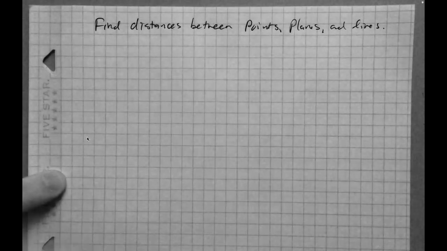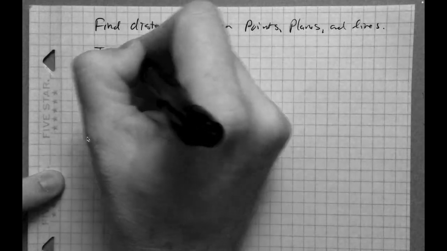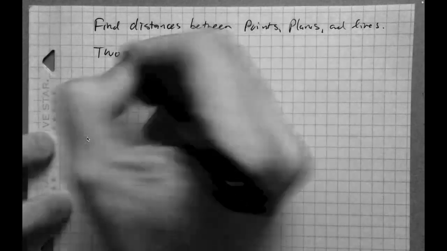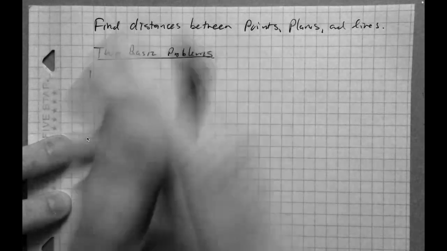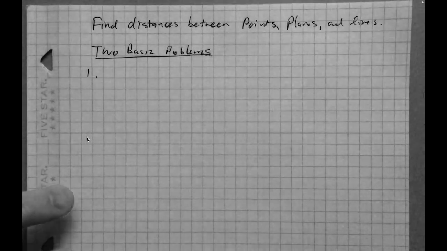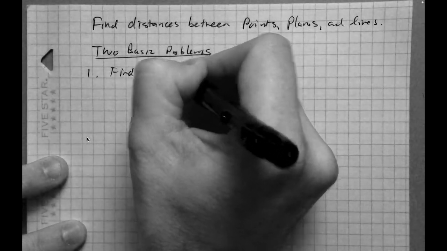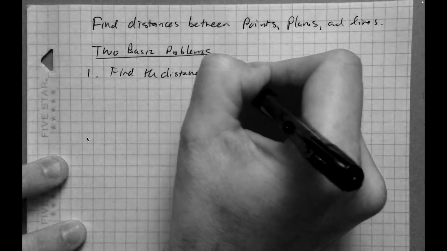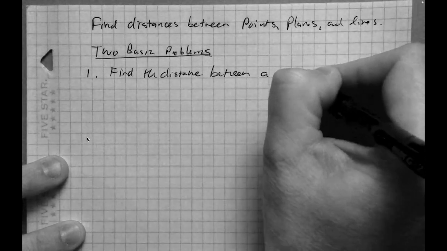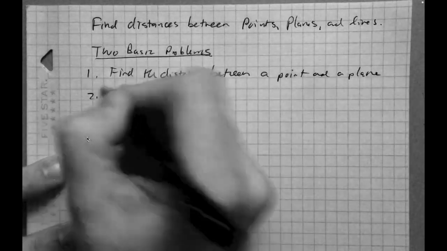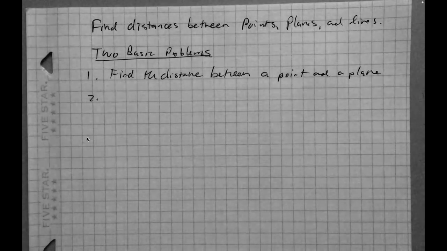Two basic problems. The first one is find the distance between a point and a plane. And then the second one is being able to find the distance between a point and a line.